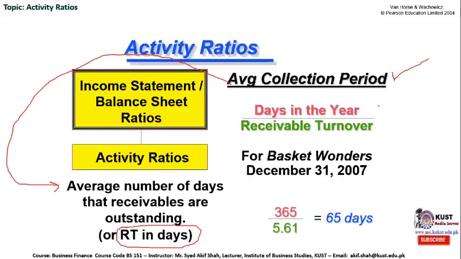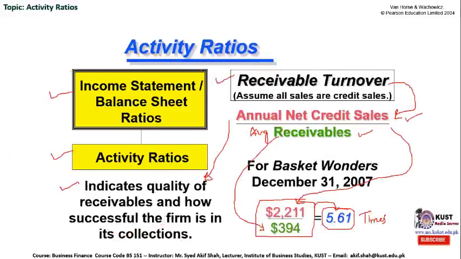So the formula for calculating this average collection period is to divide the days in a year, and we know very well that in 1 year of time period there are 365 days, by the account receivable turnover. This data can be collected from our previous ratio, which was calculated as 5.61 times account receivable turnover.